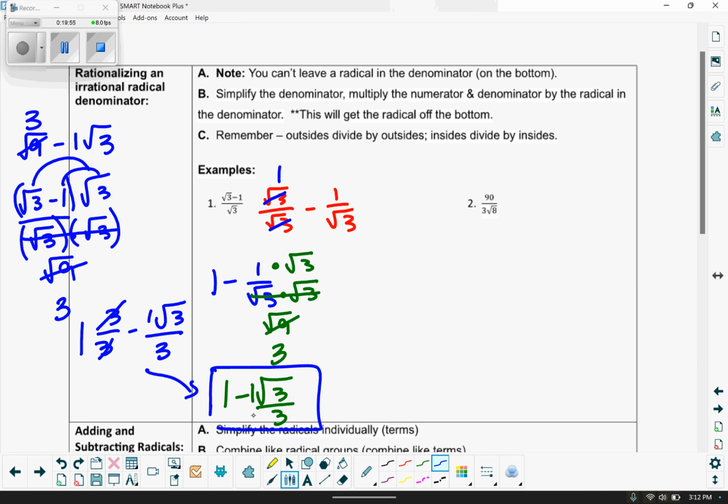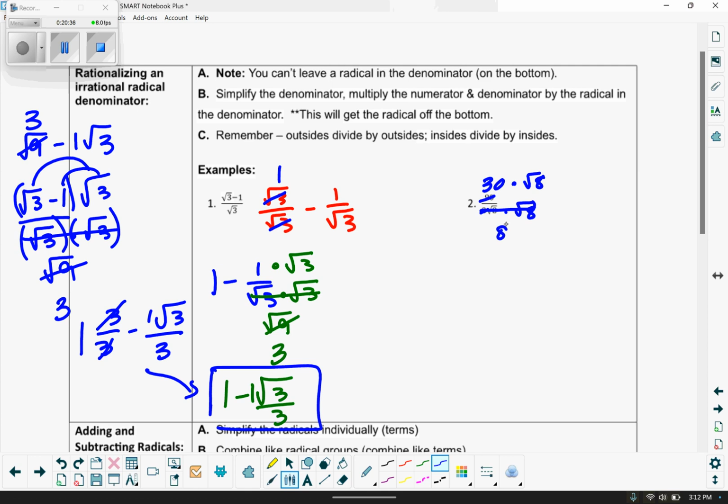The next one I have radical 8 on the bottom. The 3 is already on the outside, and the 90 is on the outside because it's not underneath a radical sign. So 3 goes into 90, let's say 30 times. And then I can say times radical 8 times radical 8, which is nice.